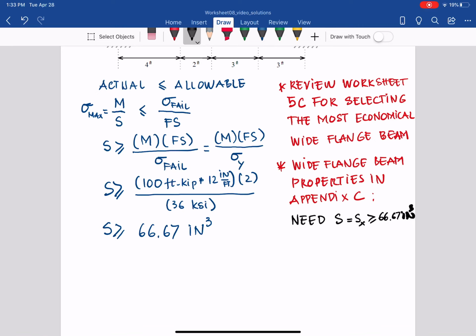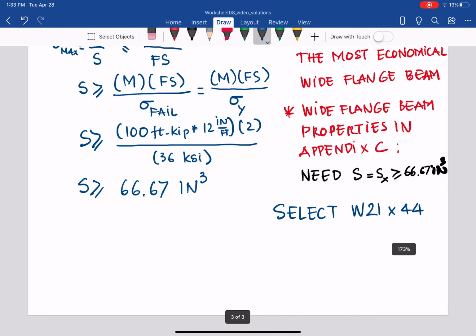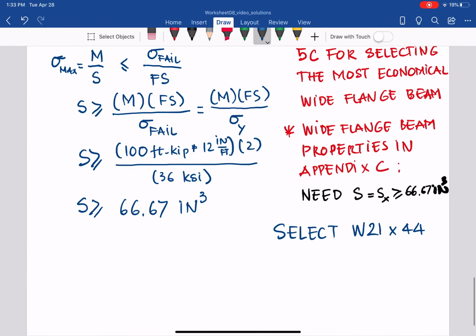So in this case, you will select the W21 by 44, because at 44 pounds per foot it is the most economical that meets the SX requirement.